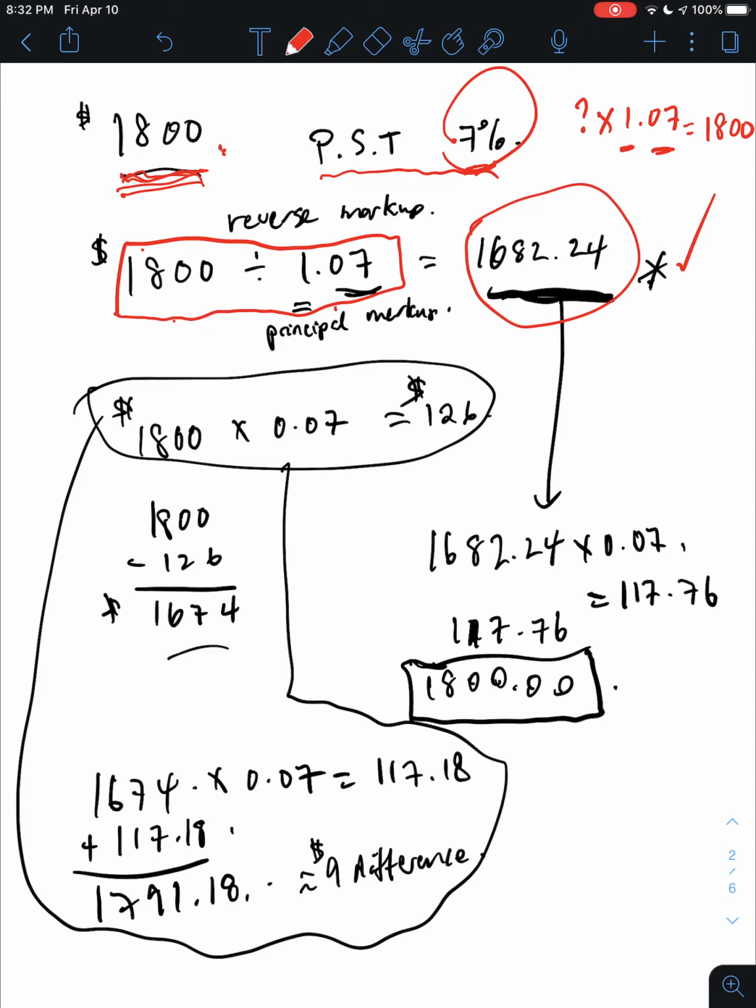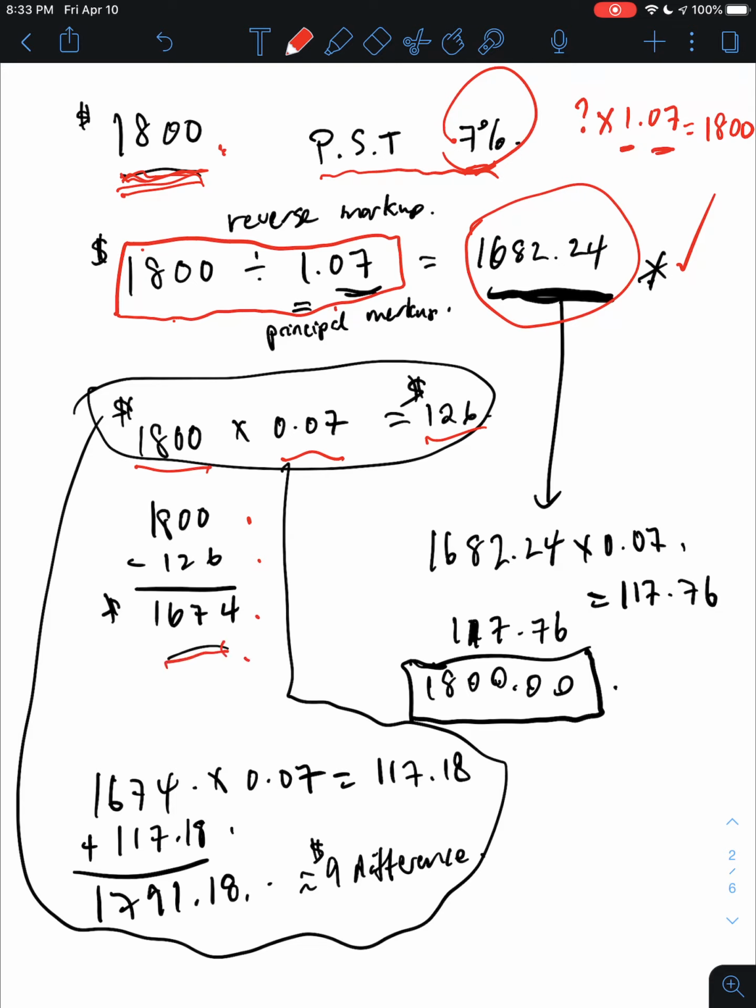But this is not the way most people would do the calculation, which is why the finance people at the university were running into trouble. Most people would take $1,800 and find 7% of that, which is 126. They would subtract that, and they would get 1674. Now, is that right? No, it is not right. I can check it.